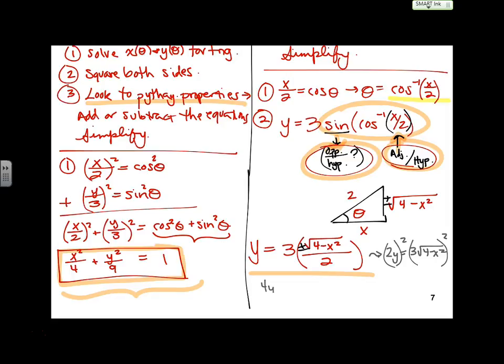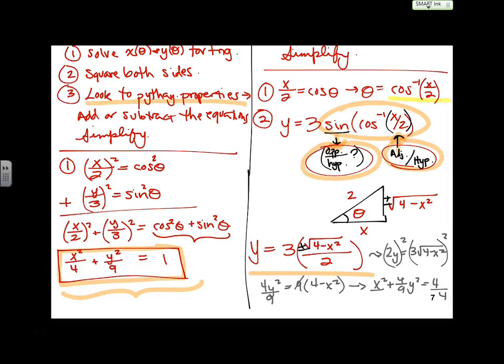I'll then get 4y squared is equal to 9 times 4 minus x squared. I could divide this side by 9 to get rid of that 9. I could add the x squared, which would get me to x squared plus 4/9 y squared.